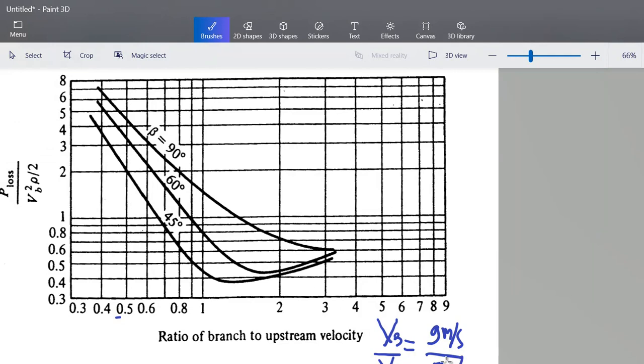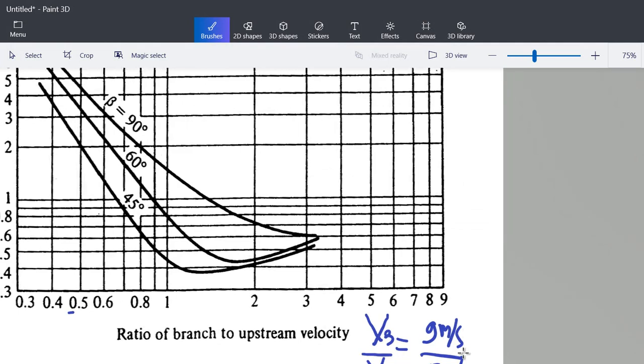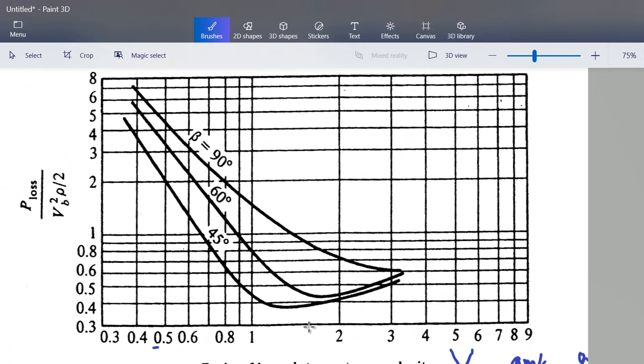So how much is the value? I have the value of 1.8, okay. So 1.8, somewhere in here. So here. It is just an estimate.